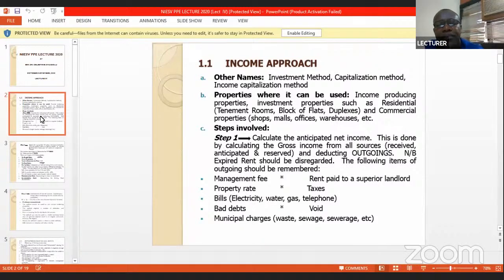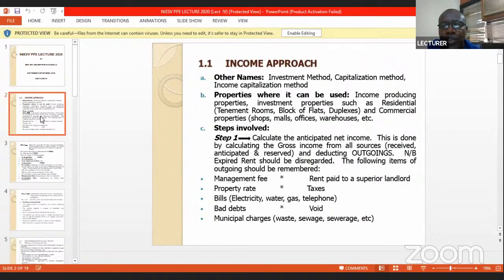The steps involved. The first step in the investment method of valuation is to calculate the anticipated net income.